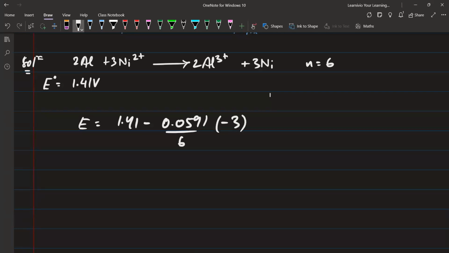Yes, sir. हाँ बताइए। तो 3 and 6, 2 सा, this will be equal to 1.41 plus 0.0591 divided by 2। You can't divide this number.